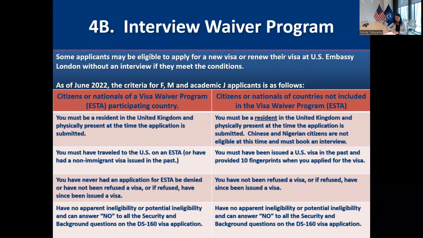Three is you've never had an ESTA denial or a visa refusal in the past. If your visa was refused for administrative processing and you've since been issued a visa, then you would qualify. And lastly, you have no apparent ineligibilities, such as arrests or convictions or any of those things that we should be aware of. You can also answer no to all of the security background questions.